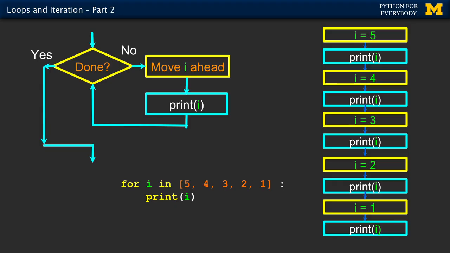So here's an interesting thing. You certainly can think of this as an iteration, but at some level, it's really just a contract that says, run this code 5 times with i taking on the value. So you hardly know the difference between it and saying i equals 5, print i, i equals 4, print i, i equals 3, print i, i equals 2, print i, i equals 1, print i.